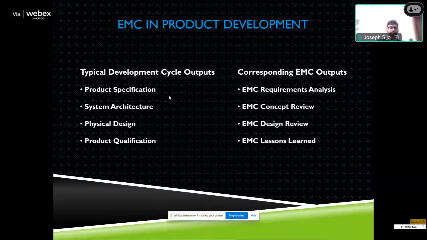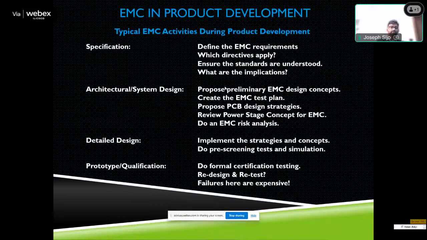We need to define the product specification and system architecture, how it is physically designed, and the product quality and qualifications. Correspondingly, EMC requirement analysis, EMC concept and review, design and review, and EMC lessons learned, and how well we need to organize these topics.